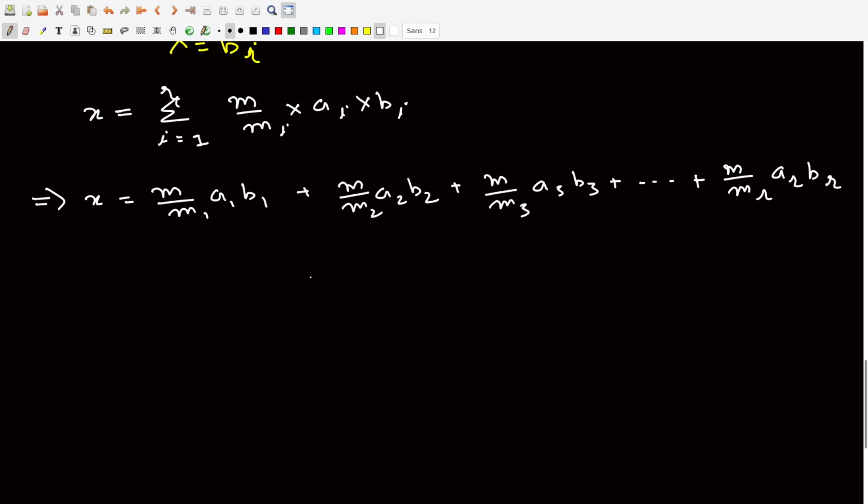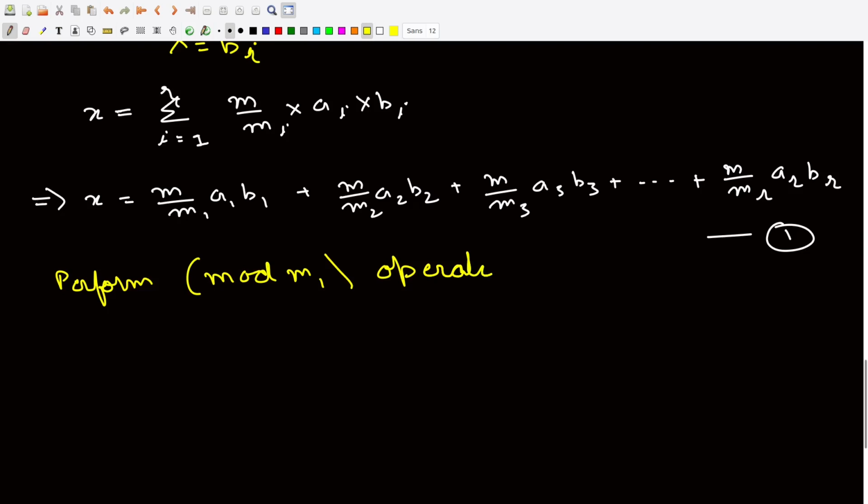Now let's call this equation 1. Let me use a different ink for this. So perform modulo m1 operation on LHS and RHS.